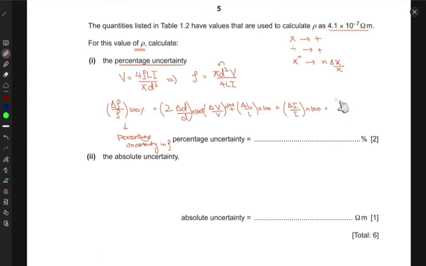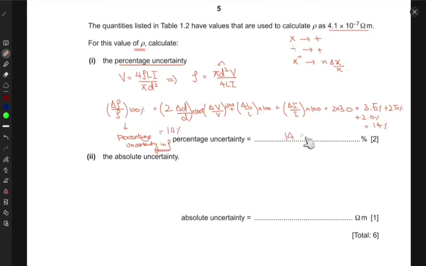So this gives you 2 into 3.0 plus 3.5% plus 2.5% plus 2.0%, which adds up to a total of 14%, right? Which means that the percentage uncertainty in rho is equal to 14%.